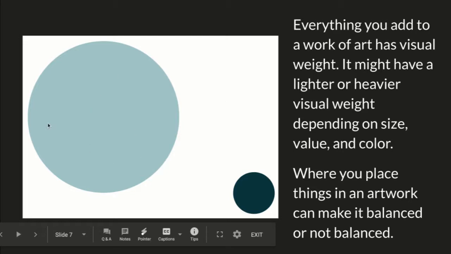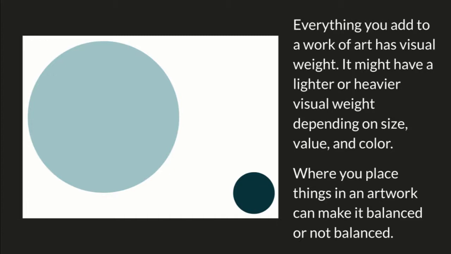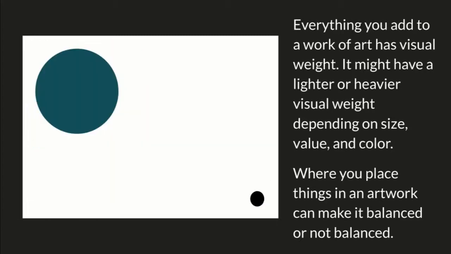So if we made this larger circle even larger, then we can start to balance that out, and you can see how those start to become more balanced and equal in visual weight.